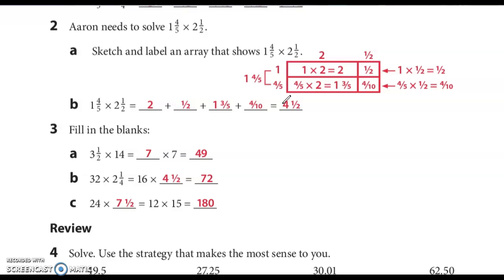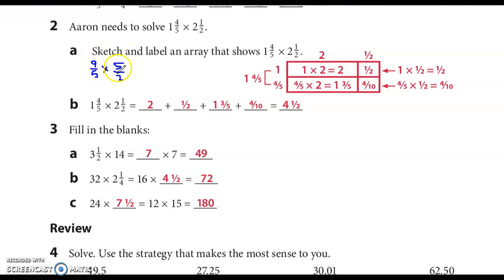Now, if we want to do this, turning them improper, 1 4/5 is the same as 9/5 times 2 1/2, which is the same as 5/2. I'm noticing right away I can cross cancel.